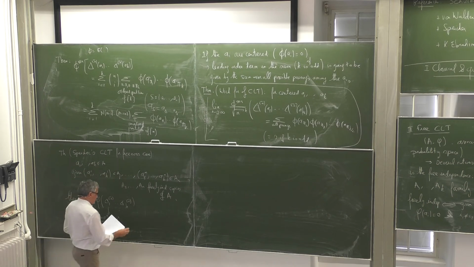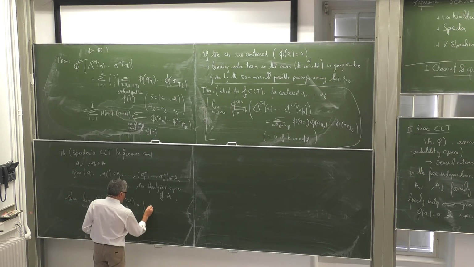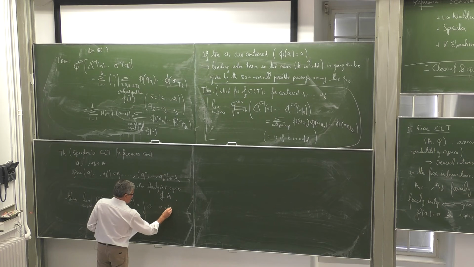So the limit of this expression is again 0 if n is odd, for the same reason as previously.